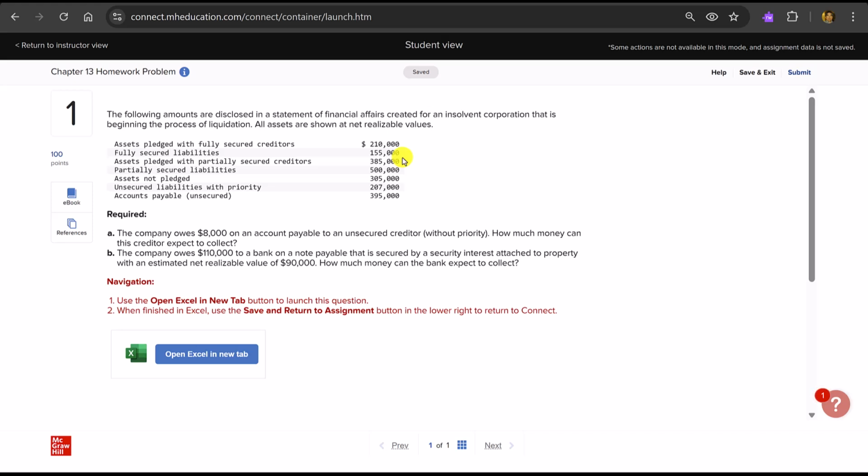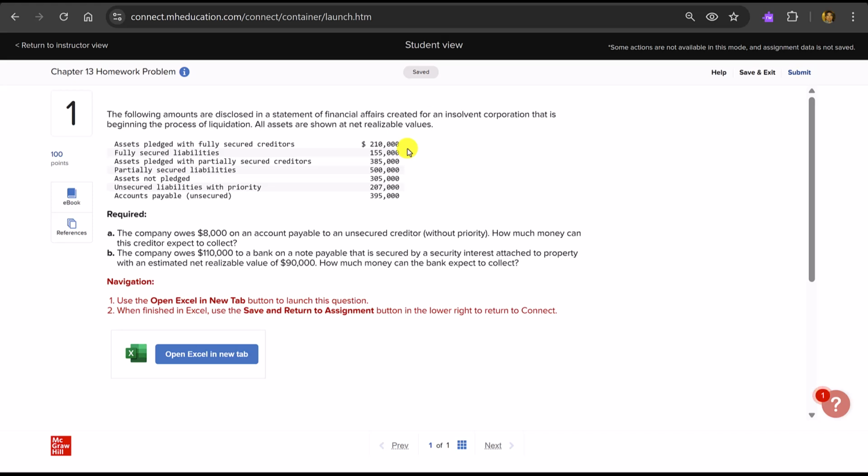But when we start entering the formulas, the formula should be very similar to what I'm entering. So that's the amount owed to secured creditors, 155. And then the assets that can be used to pay off those creditors are 210. So there's excess value there that now can be used to pay off the unsecured creditors.